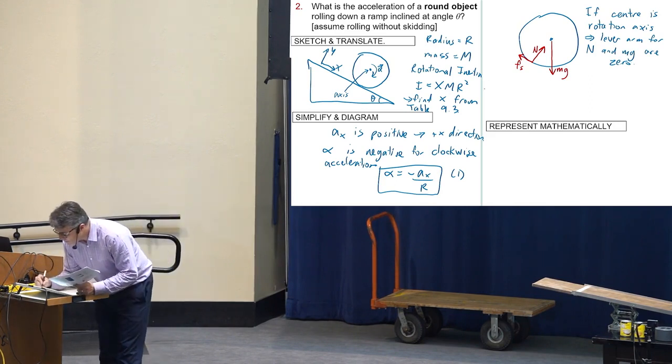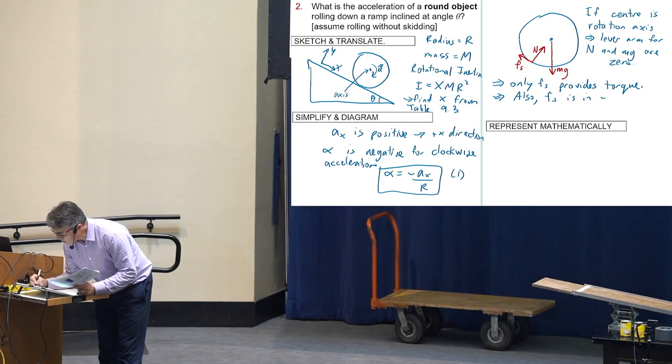So this means that only F sub s provides torque. And also, F sub s is in the negative x direction, so it's going to slow down the acceleration.